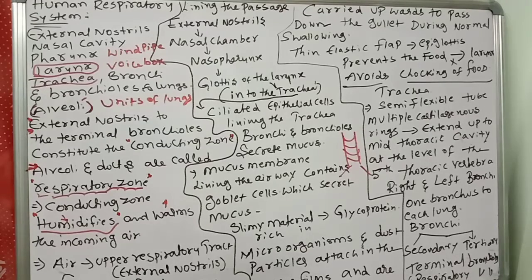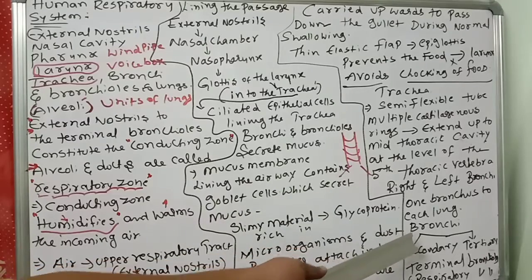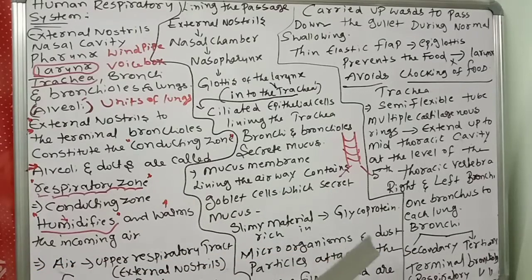Tomorrow we will discuss that bronchi have C-shaped cartilaginous rings to keep the passage open and not collapse under pressure. We will also discuss the functions of bronchi, the functions of bronchioles, what the alveoli function is, and how alveoli help the diffusion of gases.